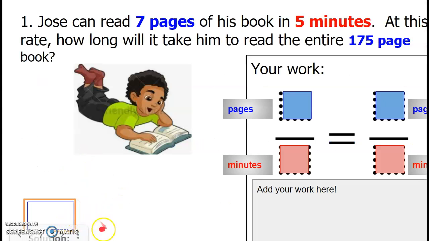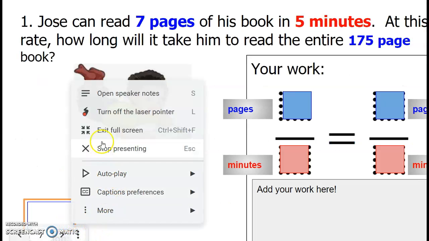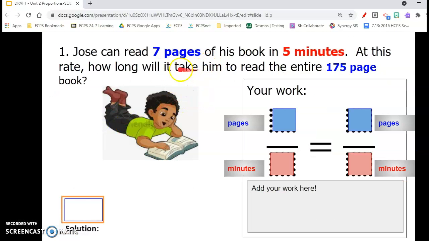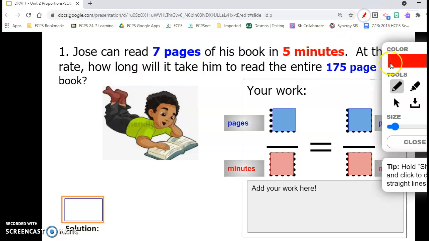So let's look at this example right here in front of you. Jose can read 7 pages of his book in 5 minutes. At this rate, how long will it take him to read the entire 175-page book? What we're going to do over here is just use the numbers that we see in the word problem.